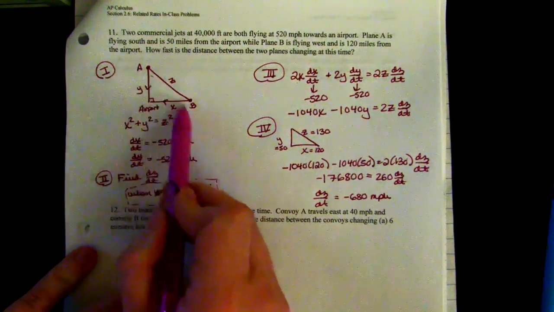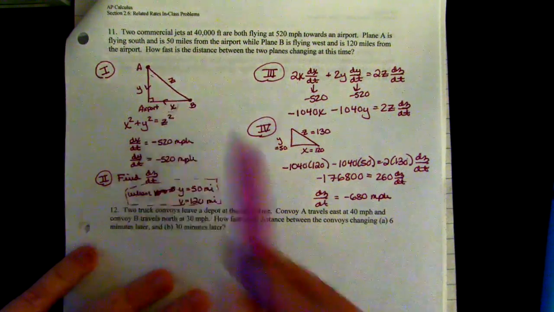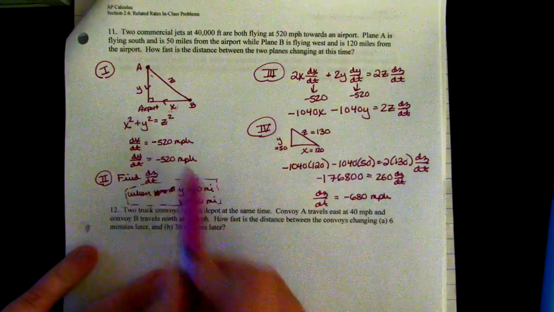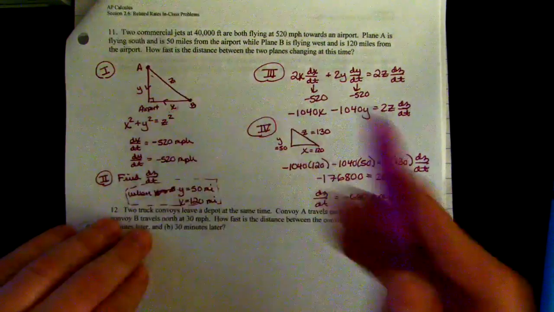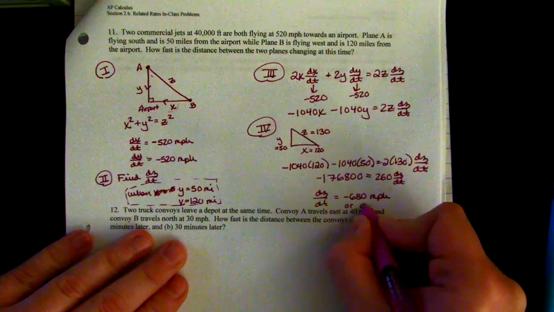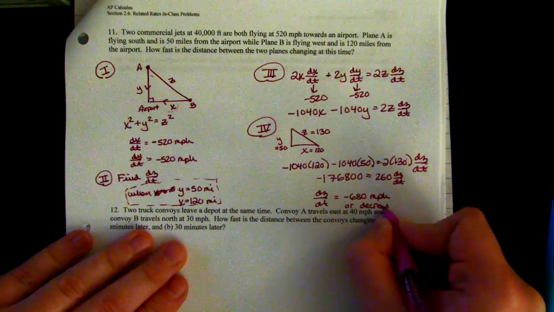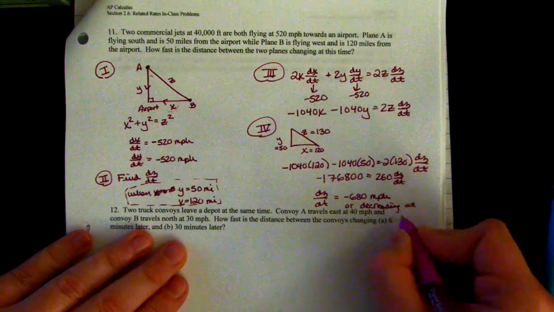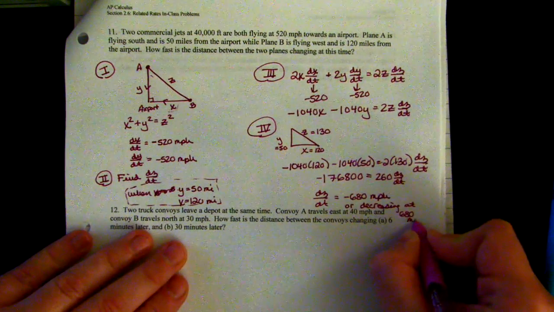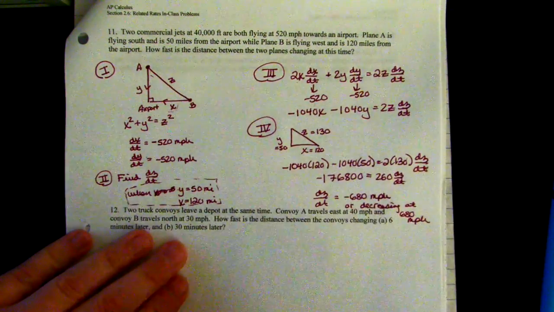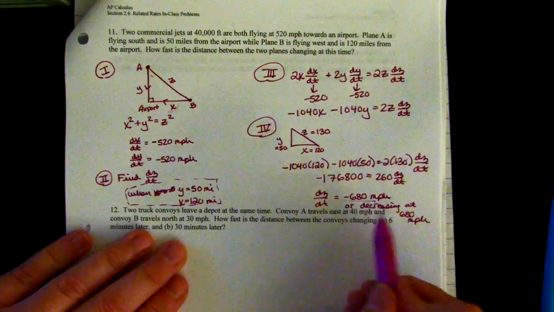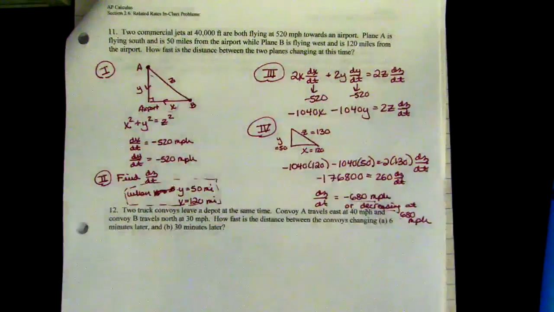The rate of change of this distance is negative 680 miles per hour, it's shrinking. Or we could say it is decreasing at a rate of 680 miles per hour. I guess I could just factor in the negative sign by using the word decreasing. So either this or decreasing at a rate of 680 miles per hour.